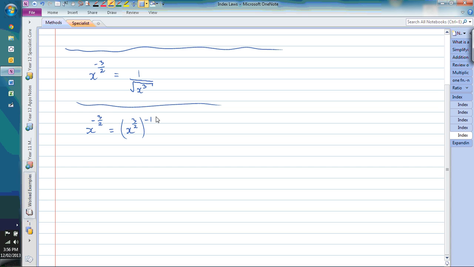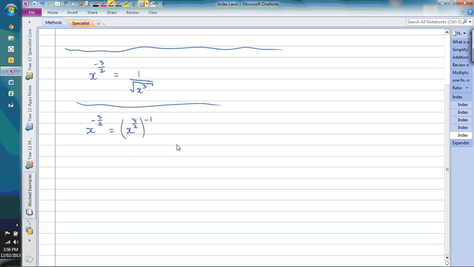Now, if you're not sure about that, stop the video and have a think about it. This 3 on 2 times the negative 1, by my index law number 3, would end up back at this step, because 3 on 2 times negative 1 is negative 3 on 2. I've just written it in a different form where I've got some power all raised to another power.